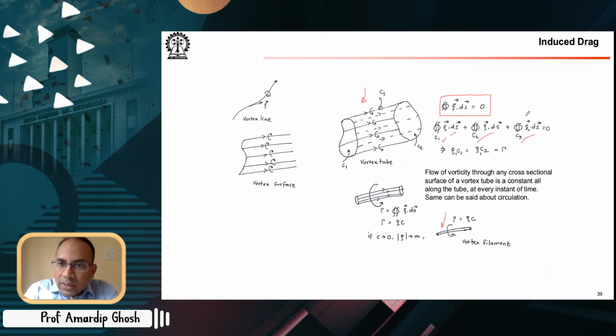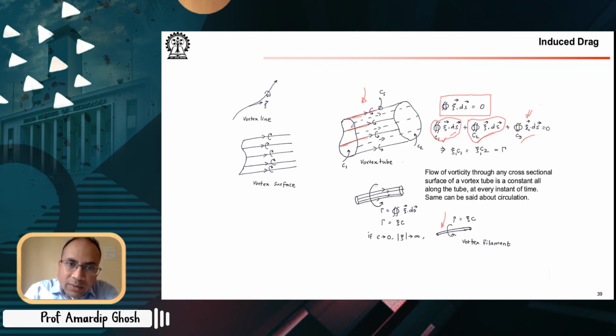CS of this. Now, by definition of the vortex tube, these are the vortex lines. So the vorticity here is actually 90 degrees to the ds field. So this thing becomes 0. So what ends up happening is this integral becomes the same as this integral.